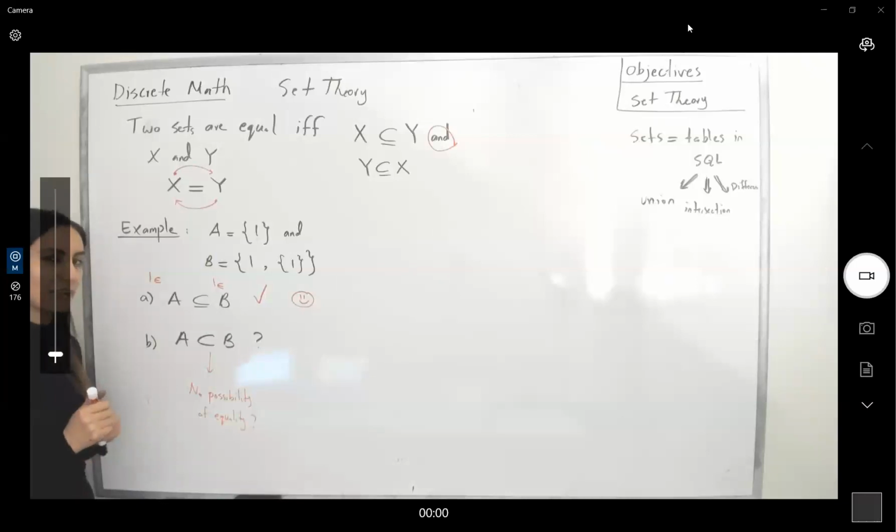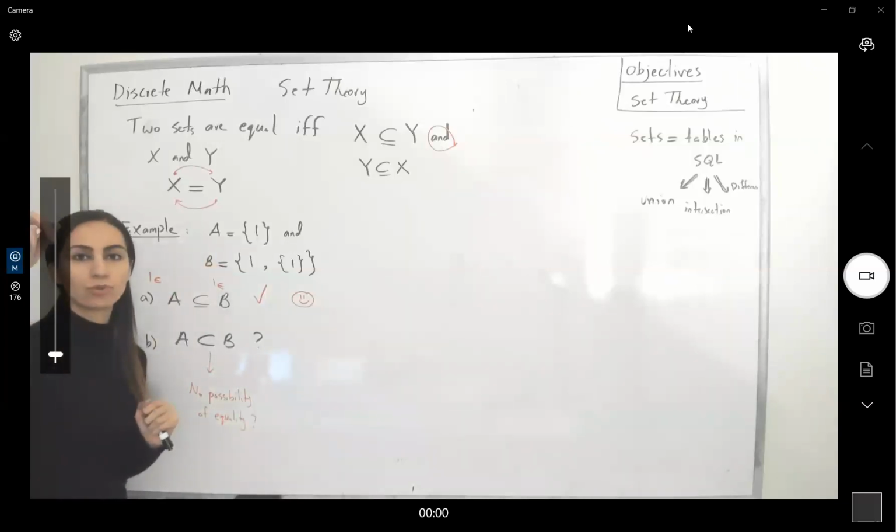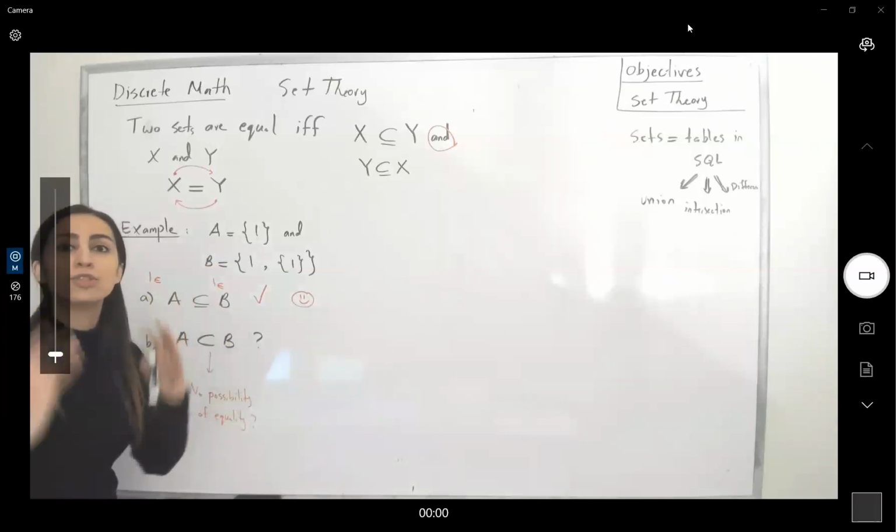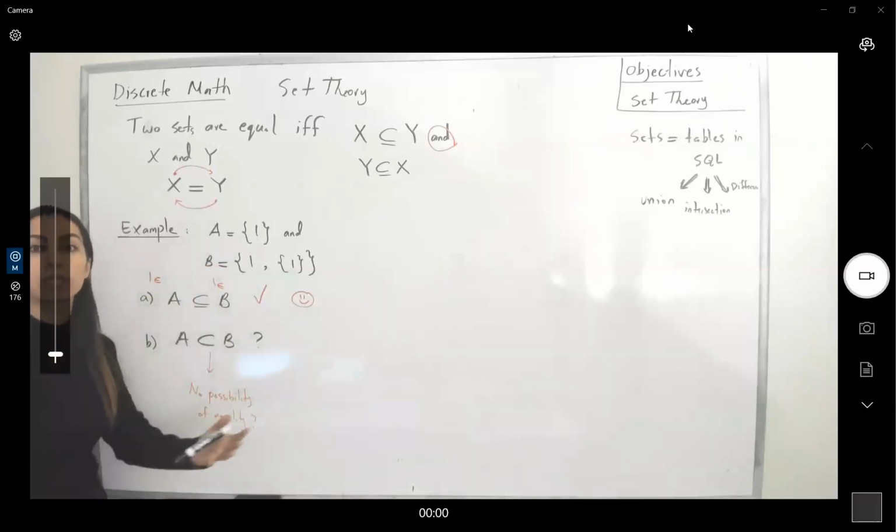Can we investigate that? Think about it. Set A has cardinality equal to 1. Set B has cardinality equal to 2. There is no way these two sets can be equal to each other.